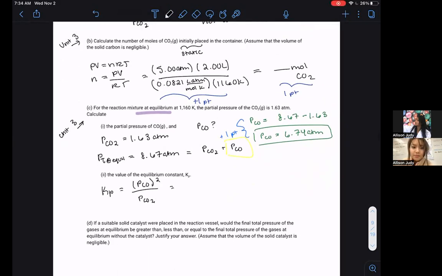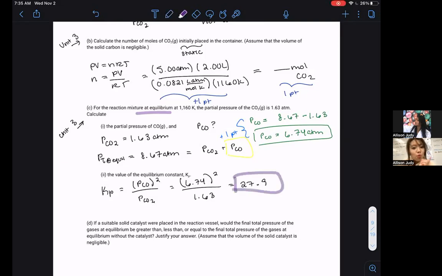You plug this in: 6.74 squared all over 1.63, and you get a value of 27.9. That is your final answer for this one.